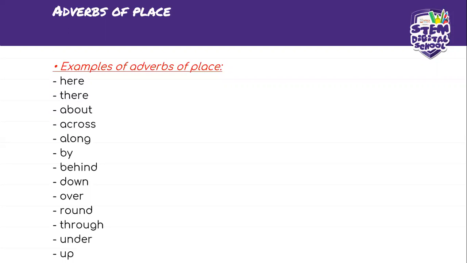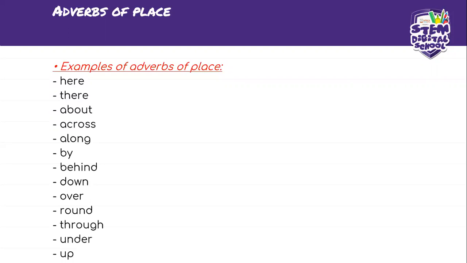It tells us where to stand. Then we also have round, as well as through, under, and up. All these are other examples of adverbs of place.